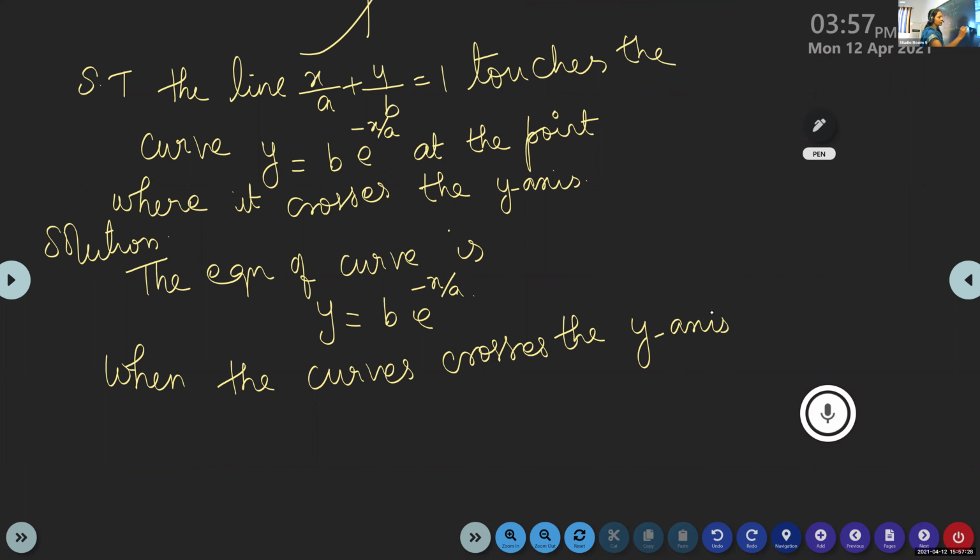The x coordinate will be equal to 0, isn't it? So x will be 0. Therefore, what is the value of y?